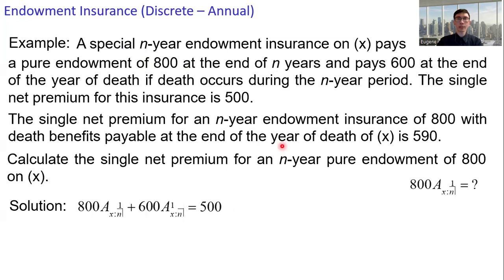And then the second policy, an endowment insurance of 800. The present value is 590. And for endowment insurance, this can be written as the sum of the pure endowment and the N-year term insurance.